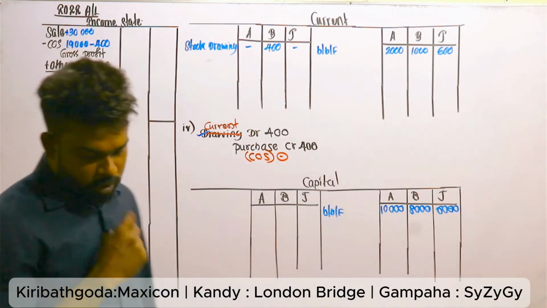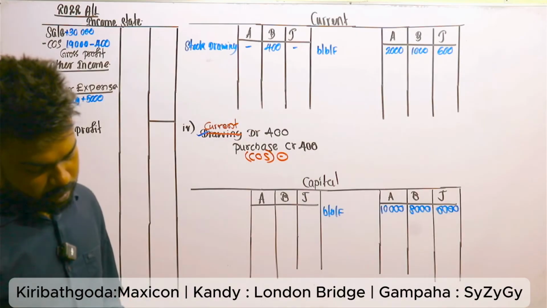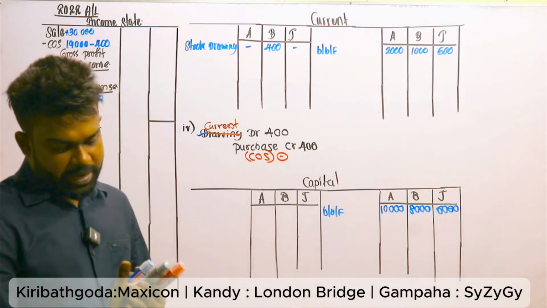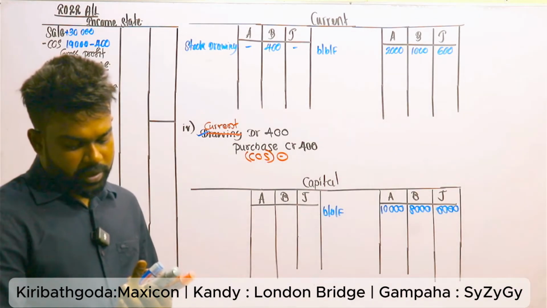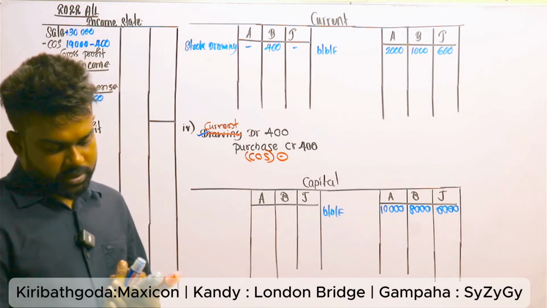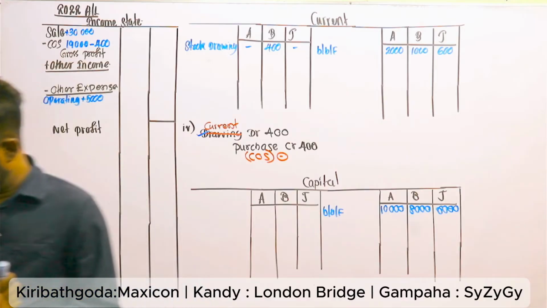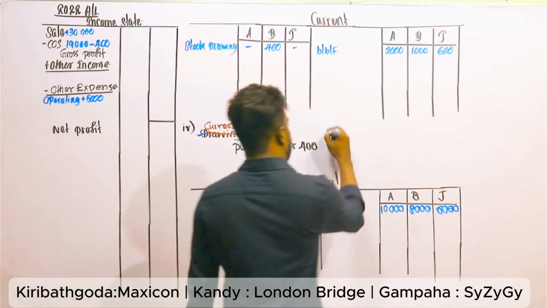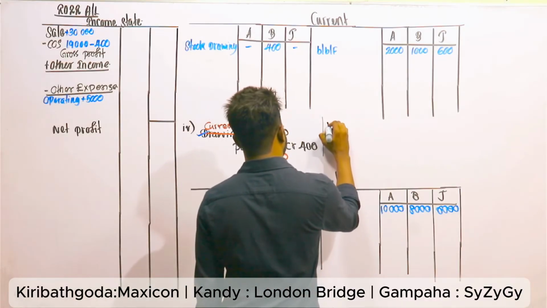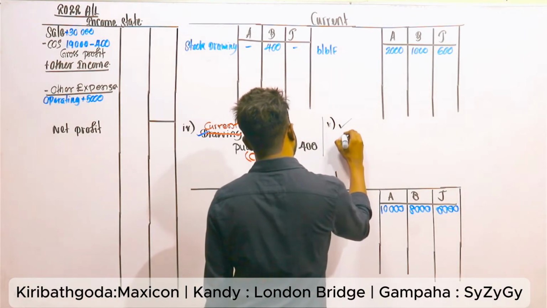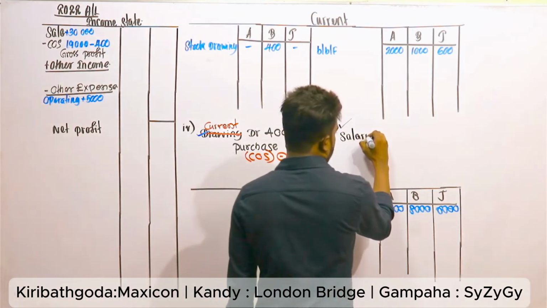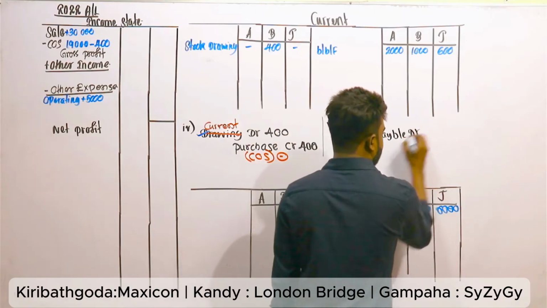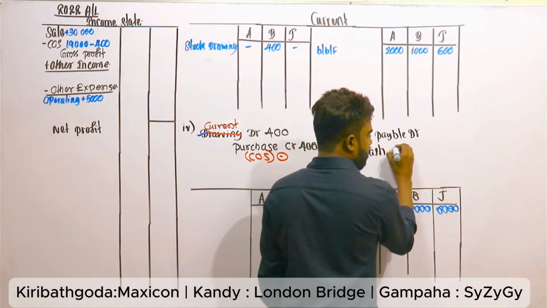Next one, row number 5. All partners have been paid 1,000 each as salary during the current year, erroneously included in operating expenses. Each partner is paid 1,000, the same as my previous question. If it is salary paid to employees, normally salary payable is debited and the cash account is credited.